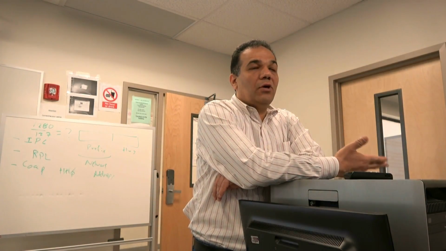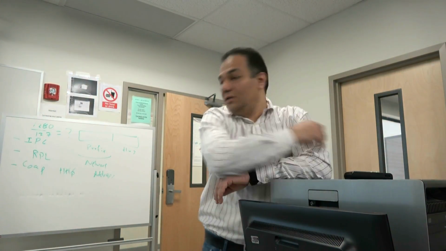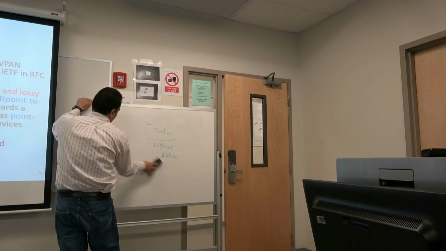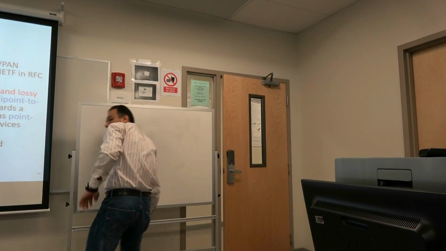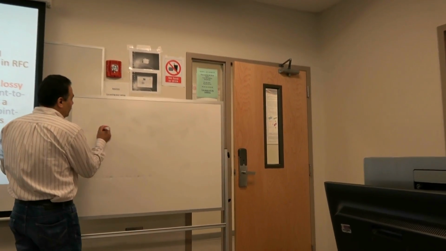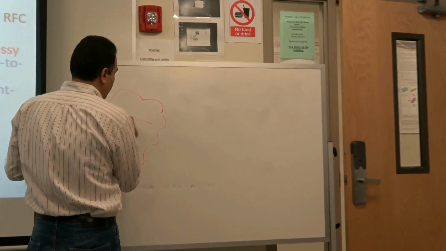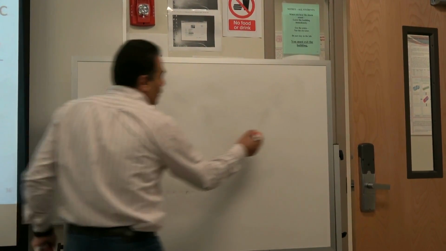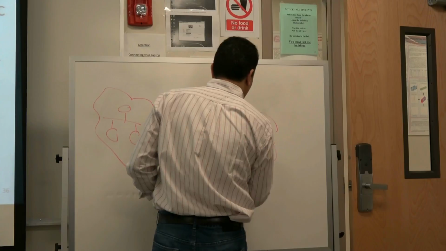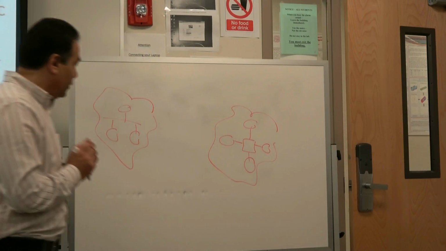From your background in DCC and other classes, what is a router? A router is what we call a multi-homed device that has two interfaces. So you have, for example, a LAN here which has a few PCs connected, and you have another LAN which has, for example, a star topology.